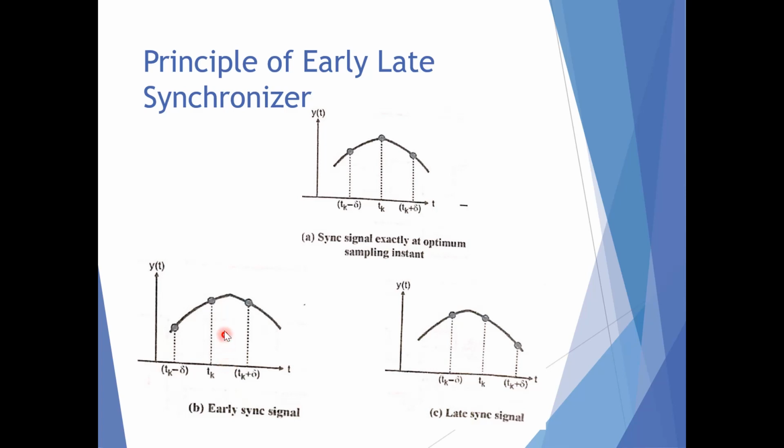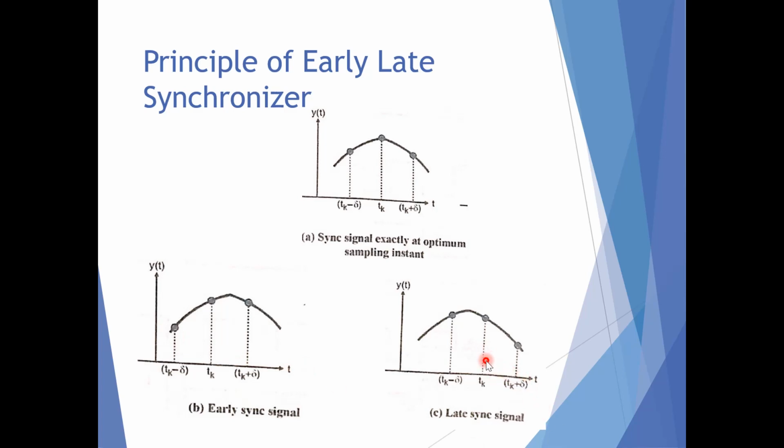But if you sample your signal earlier than this, it is known as an early synchronized signal. At this time, you can easily find that y(Tk plus delta) has more amplitude than y(Tk minus delta). As the sampling is done early, the delayed signal, y(Tk plus delta), has higher amplitude than y(Tk minus delta).